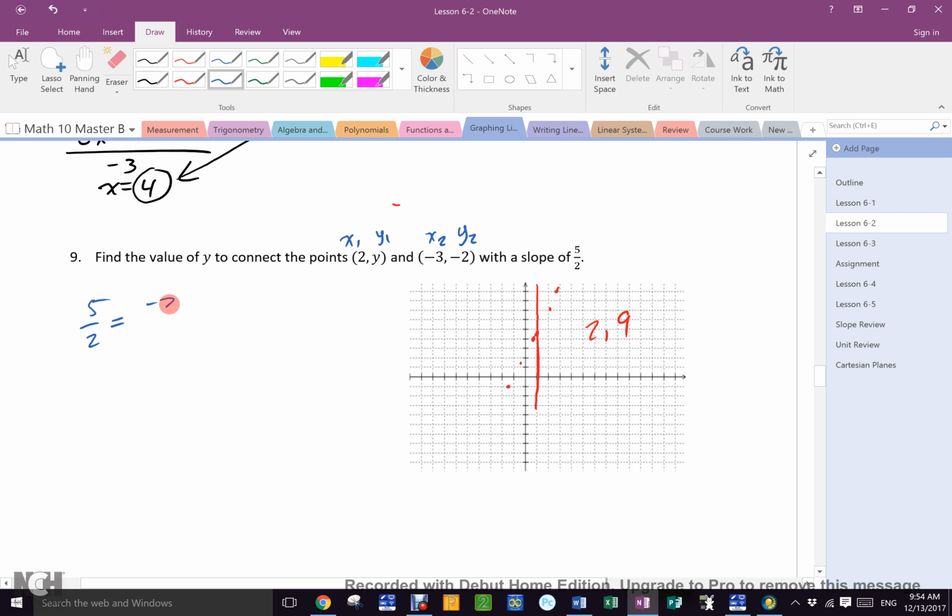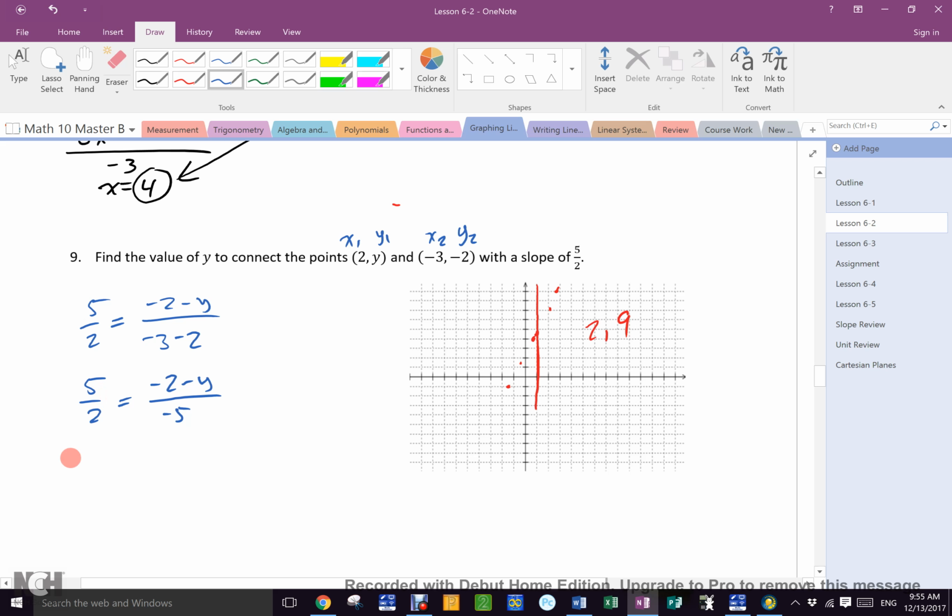So it's negative 2 minus y over negative 3 minus 2. Tidy it up. Negative 2 minus y over what? Over what? Minus 5.